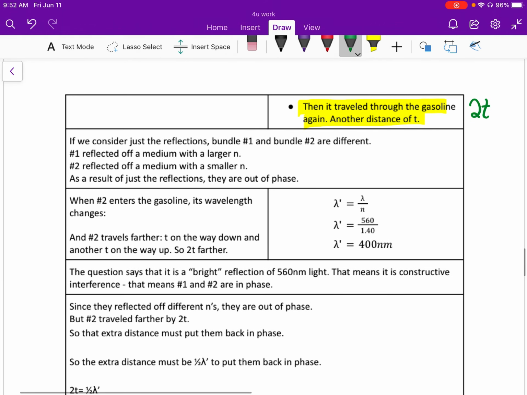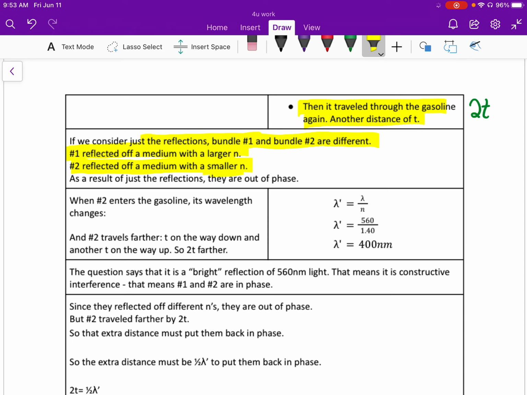Okay, continuing our analysis. If we look at just the reflection, so that stuff I wrote down just a second ago, bundle of light number 1 reflected off a medium with a larger n. Bundle of light number 2 reflected off a medium with a smaller n. What we talked about, reflecting back on the Slinky lab, reflecting off a larger n, that's kind of like hitting a fixed end.